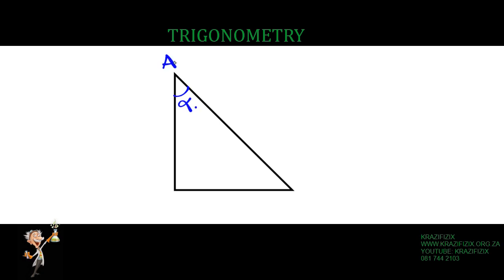A, B, and C. Let's label the side opposite the angle. So this side is known as my opposite. The side facing the angle 90, hypotenuse. And the third side is the adjacent.